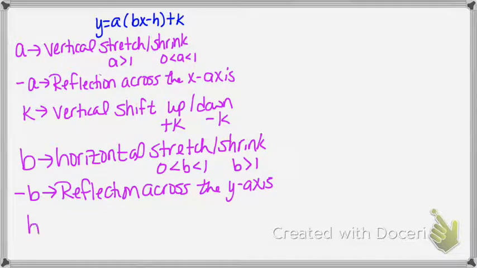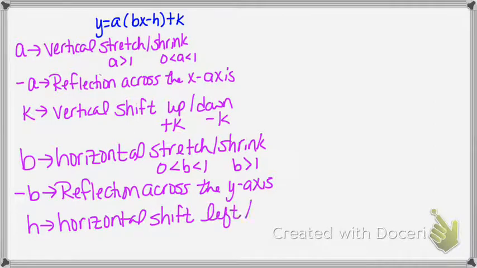And then we have H. H is inside the parentheses, or it's inside with the X, so it's horizontal. It's being added or subtracted, so it's going to be a shift. Horizontal shifts go left or right. Now we would think if it said plus 2 that we would go to the right 2.